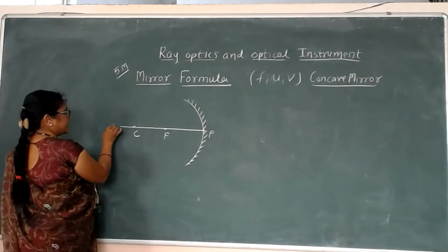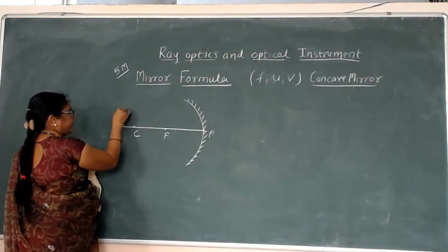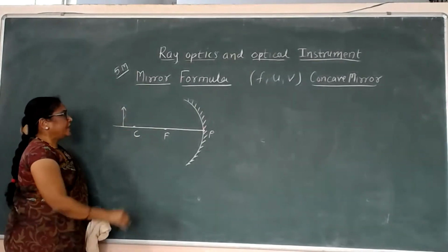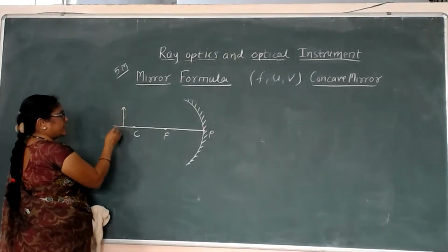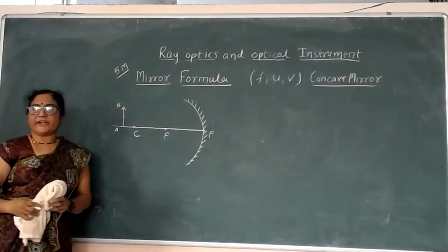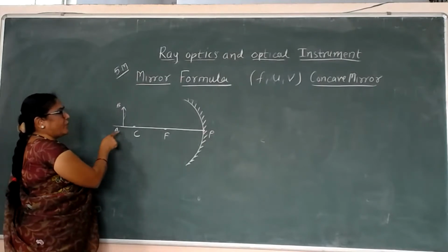If the extended object AB is situated beyond C, first draw the ray diagram, where AB is the object which is situated beyond C.